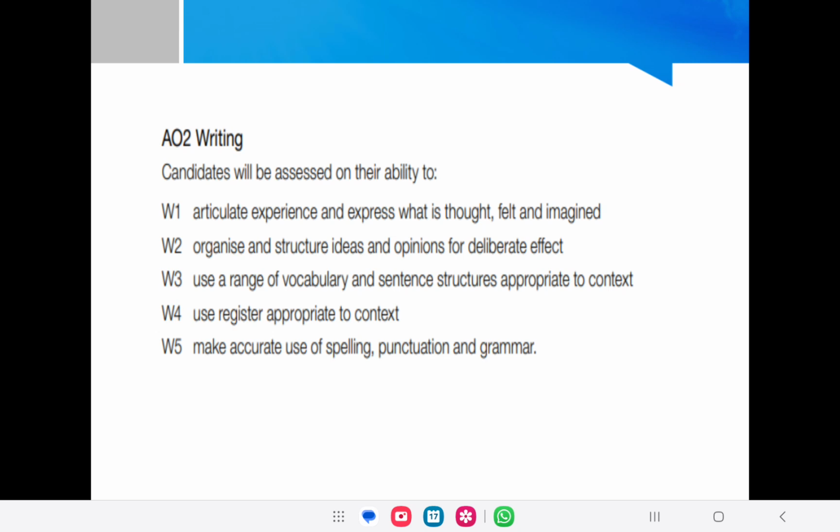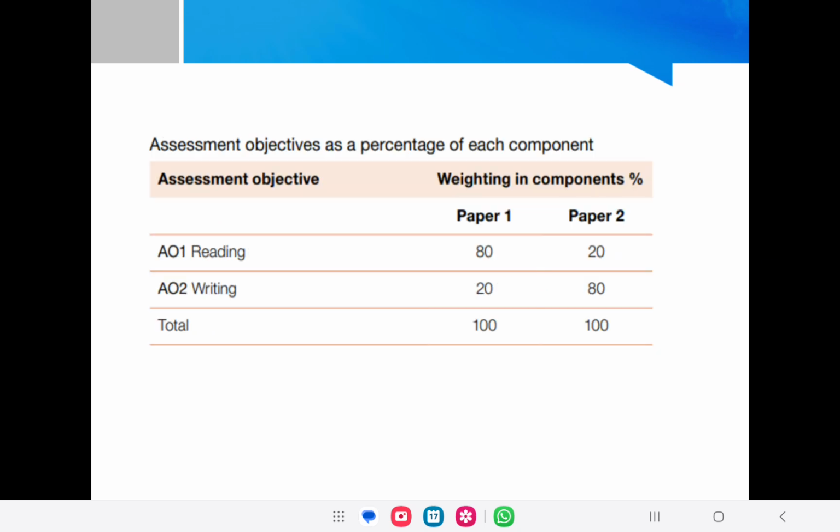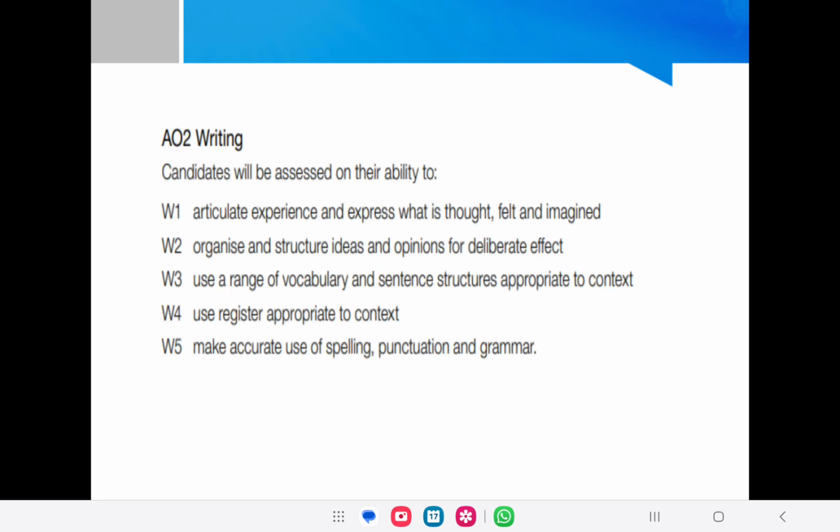Writing 3: use a range of vocabulary and sentence structures appropriate to context. Writing 4: use register appropriate to context. And writing 5: make accurate use of spelling, punctuation and grammar. These are AOs, that are writing assessment objectives.